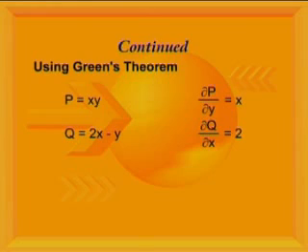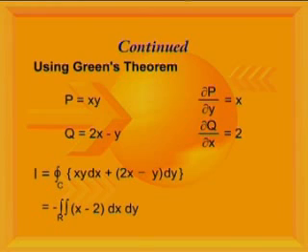So for integration now, first of all P is equal to xy and partial derivative of P with respect to y is x, and now Q, which is 2x minus y, and the partial derivative of Q with respect to x is equal to 2. So our integral is equal to minus of double integral of (x minus 2) with respect to x and with respect to y over the region R.